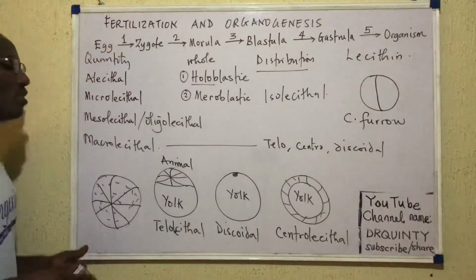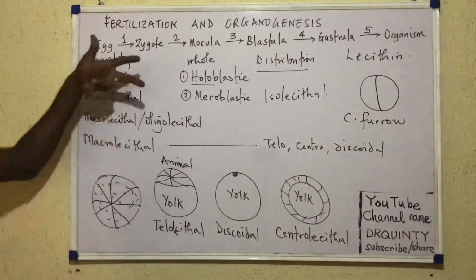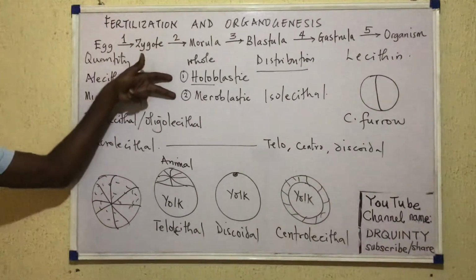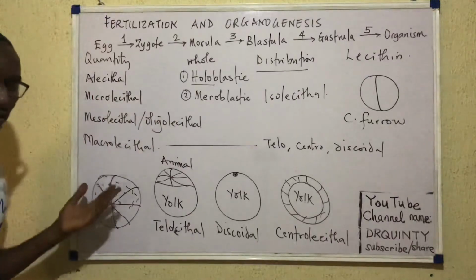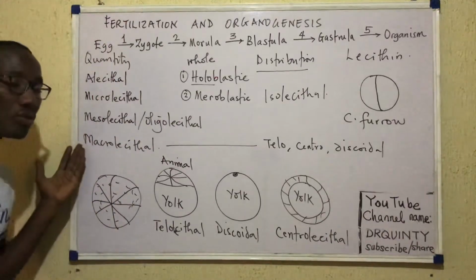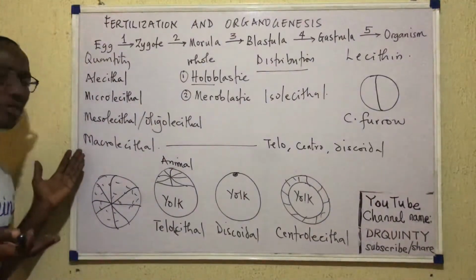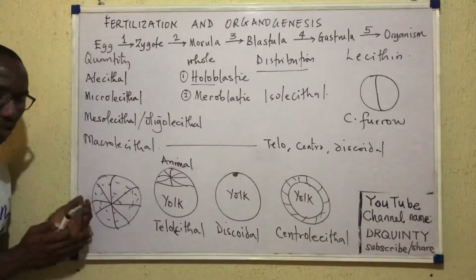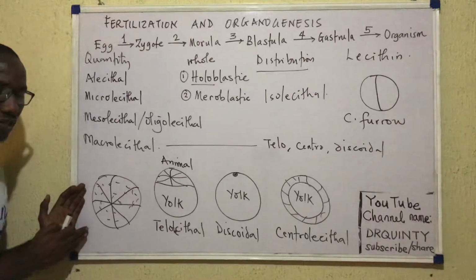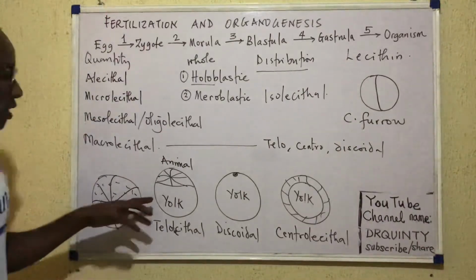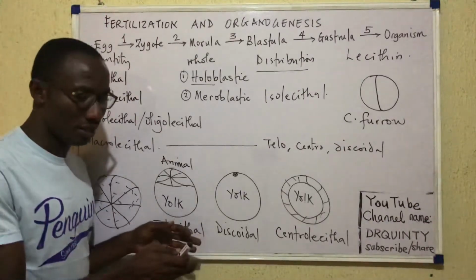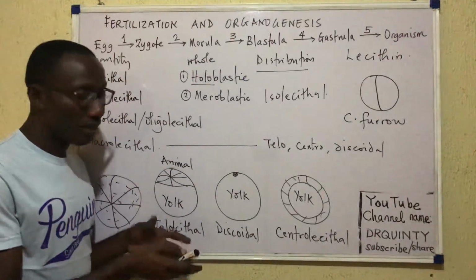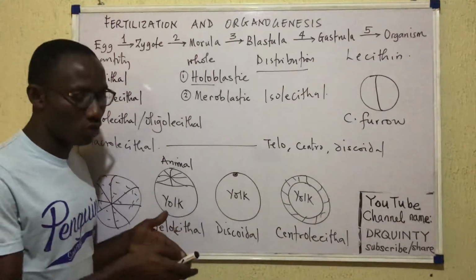And based on the yolk content, we said that cleavage that can occur in an egg cell can be of two types. If there's little yolk, little resistance to the cleavage furrow, then there will be cleavage in all directions. That's holoblastic cleavage. But in a case where you have yolk present, plenty yolk, then cleavage furrow has restrictions now.